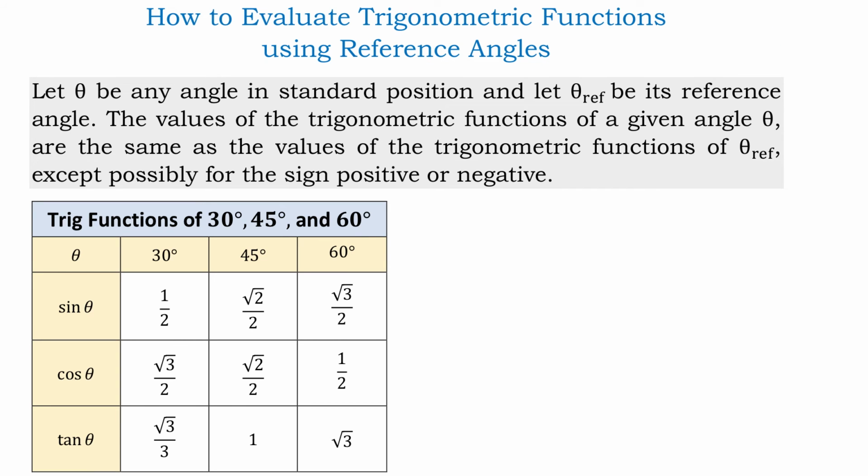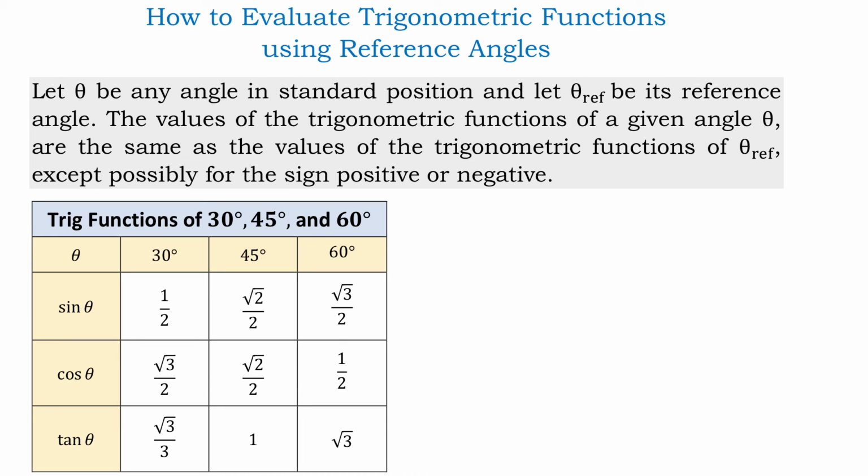Now let's see how we can evaluate trigonometric functions using reference angles. For this, we will review this table that has the special angles of 30, 45, and 60 degrees and the values of the trigonometric functions sine, cosine, and tangent of these angles. From this table, we can tell that sine of 30 degrees is 1/2, or cosine of 60 degrees is also 1/2, or tangent of 45 degrees is 1.